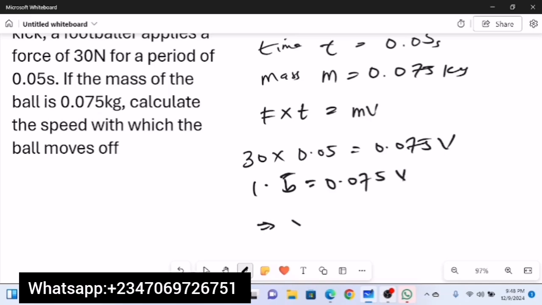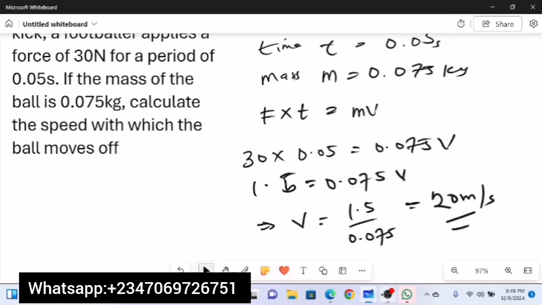This implies v becomes 1.5 divided by 0.075. That simply gives us 20 meters per second. So it means that the object moves off with a speed of 20 meters per second after the kickoff.